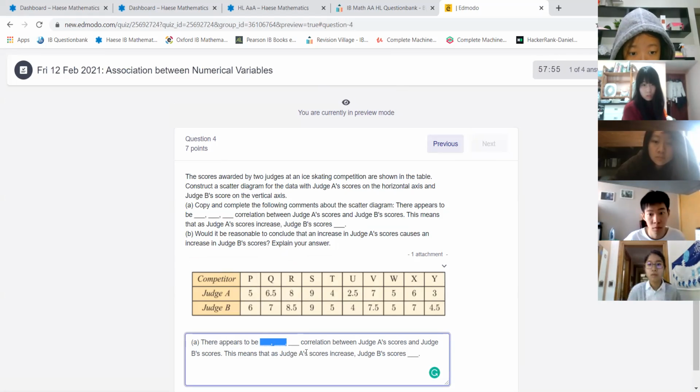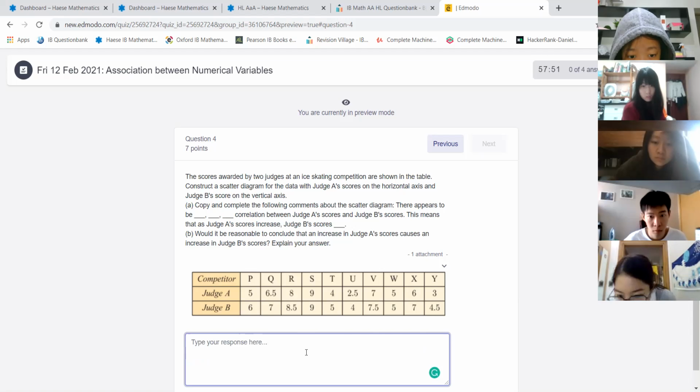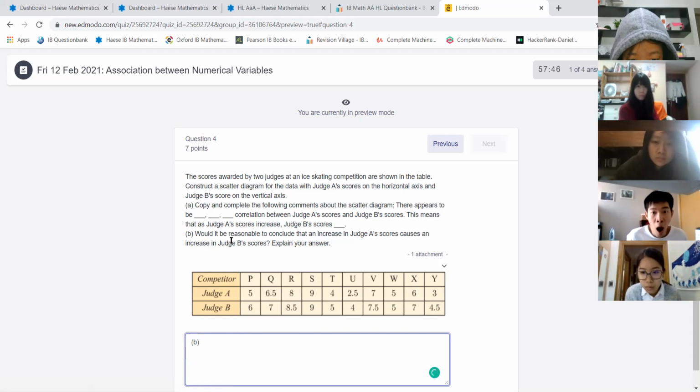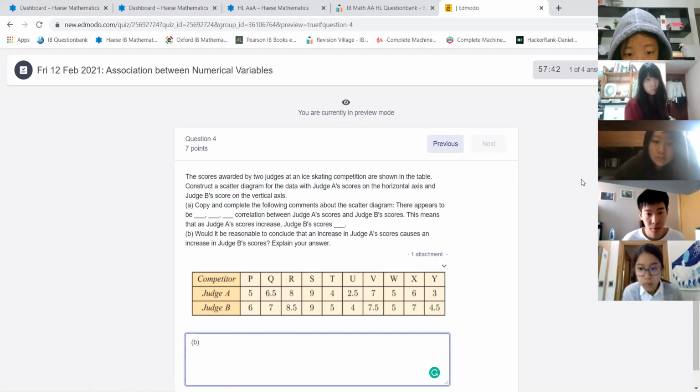So here I need 3 different words with commas, and here I need the last one. Does it make sense? Then in the B part, will it be reasonable to conclude that an increase in this causes that? So is there a causal relationship, something like that? Let's try to do this within the next 5 to 10 minutes.